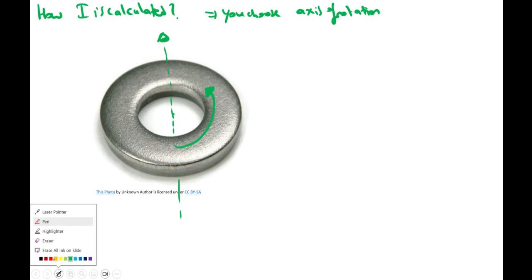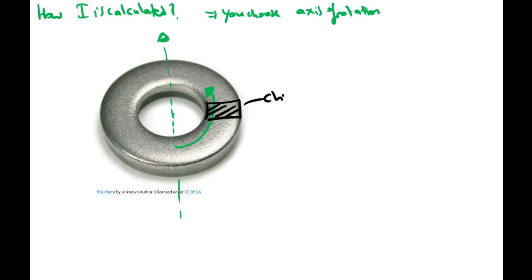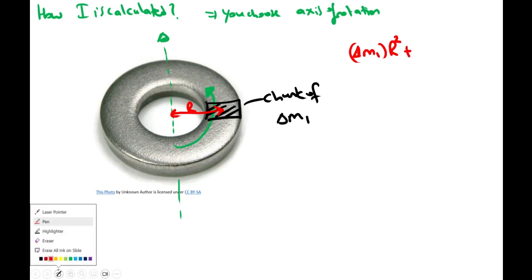Then we take first a small mass, a chunk of delta m1, and the distance from the center of it to this axis is r. Then we do delta m1 times r squared, plus the second part. We take again another mass here. I will just show a little bit of it, and the rest is not our topic here.